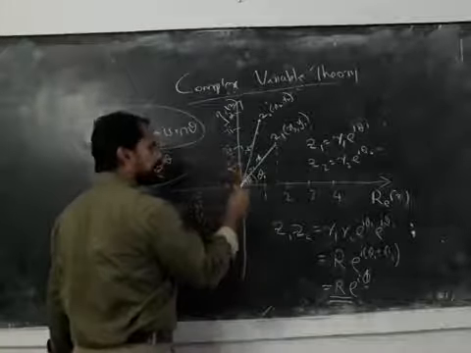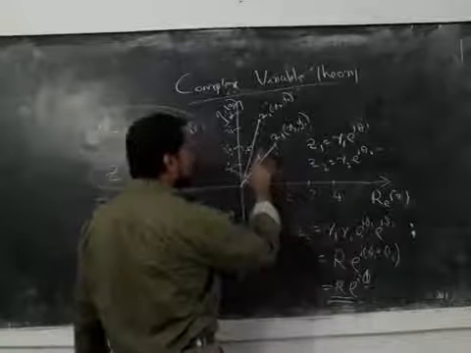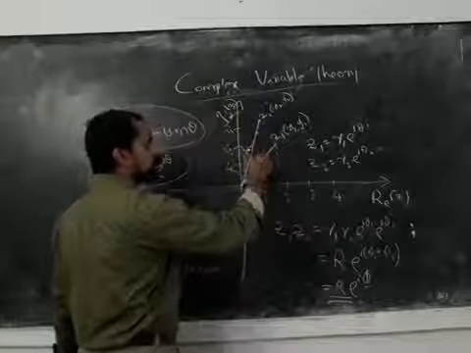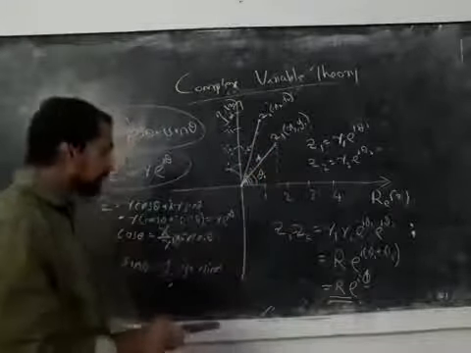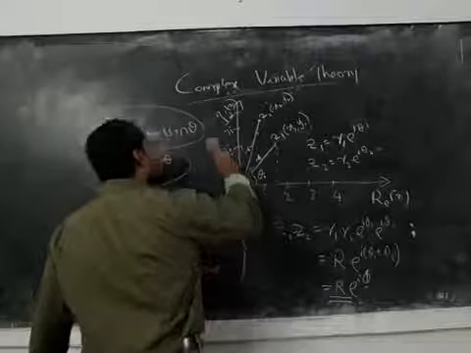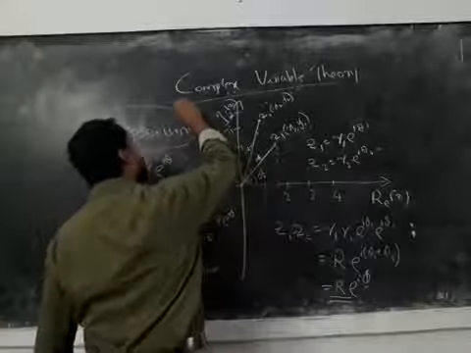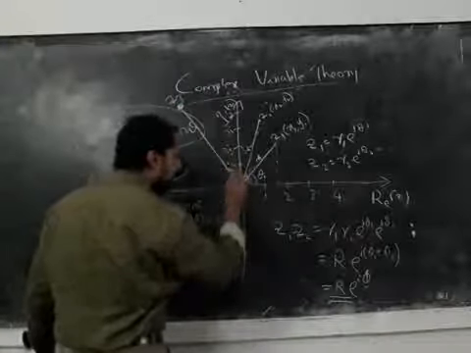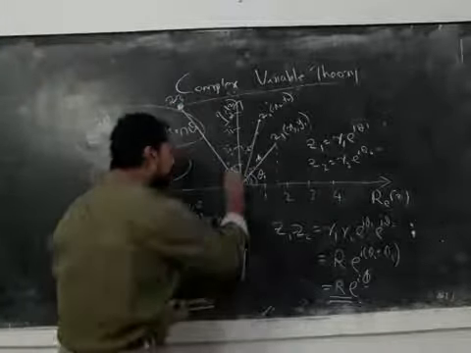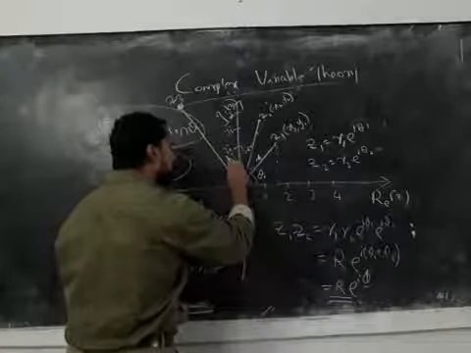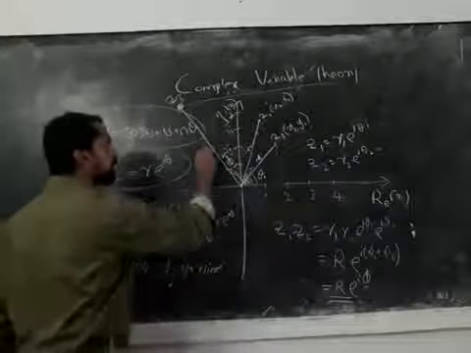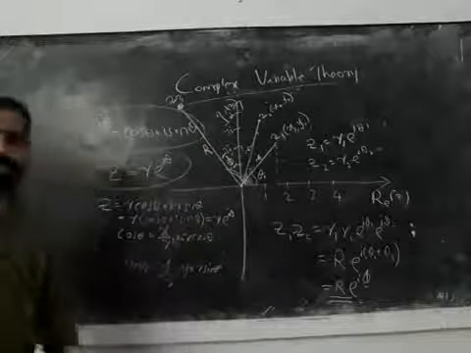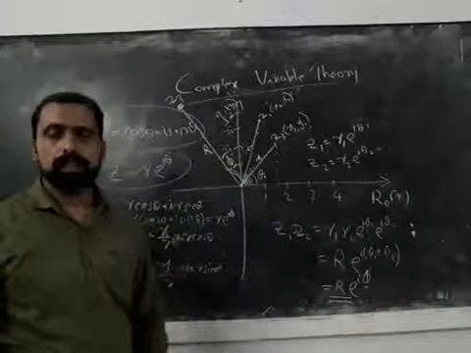And r1 into r2 is the product of these. For example, if this is 2 and this is 3, then it will be 6. So this will come somewhere here. This is my z3, this is my angle phi, and this is r.